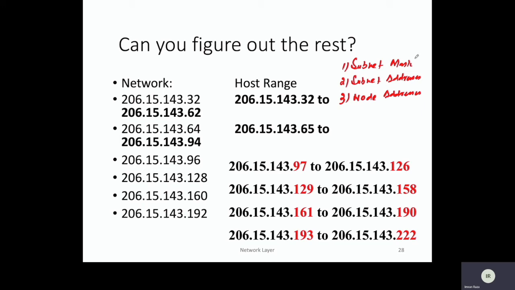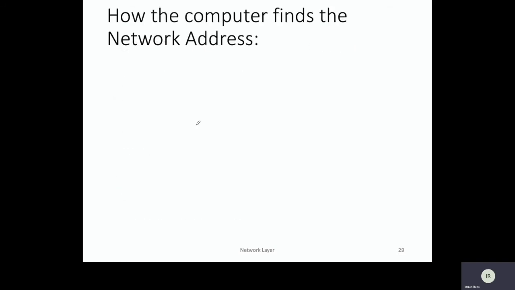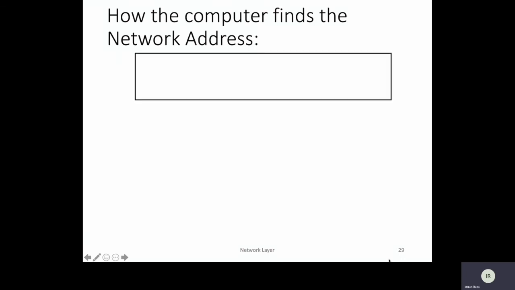But I just want to talk about how the subnet mask is helpful in identifying to which subnet our destination machine belongs. Let's see how to find the subnet address. Let's assume that a packet has arrived at the router with the destination address 206.15.143.89.